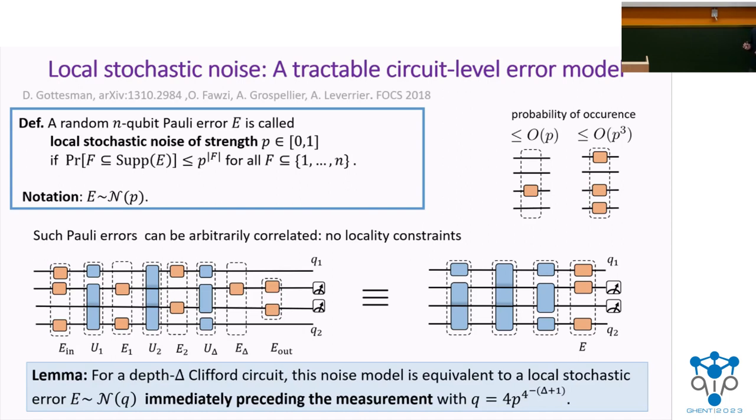What is good to know is that if we only consider constant depth, then q is also constant. So we are going to use the proof technique that it is enough to show the threshold bound on the phenomenological side, because we can deal with this general circuit level noise.